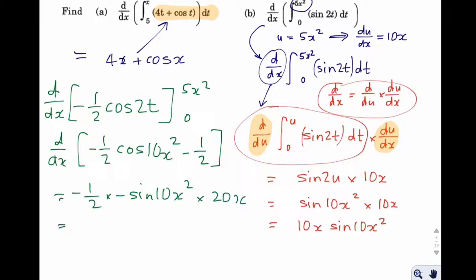And the derivative of minus half at the end is just 0. So what do we have? Negative a half. These two negatives here will cancel out. A half of 20 is 10, so we get 10x sine 10x squared. I hope you can see from that that you definitely want to choose the method that I've got over here on the right hand side of the page rather than the left hand side of the page.